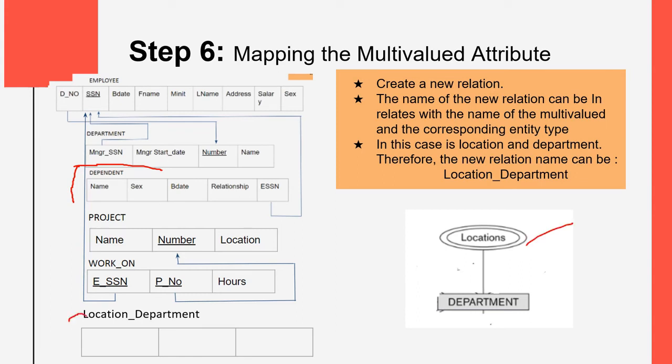I create the new relation here. The name of the new relation can be related to the name of the multi-valued attribute and the corresponding entity type. The multi-valued name is location, and the corresponding entity type is the department. Therefore, the new relation name can be location department.